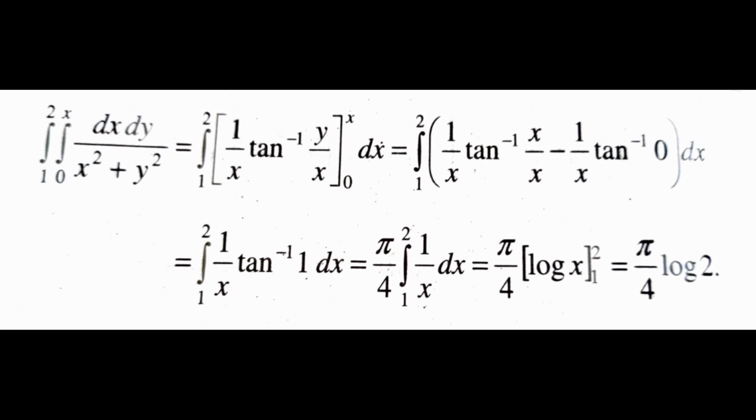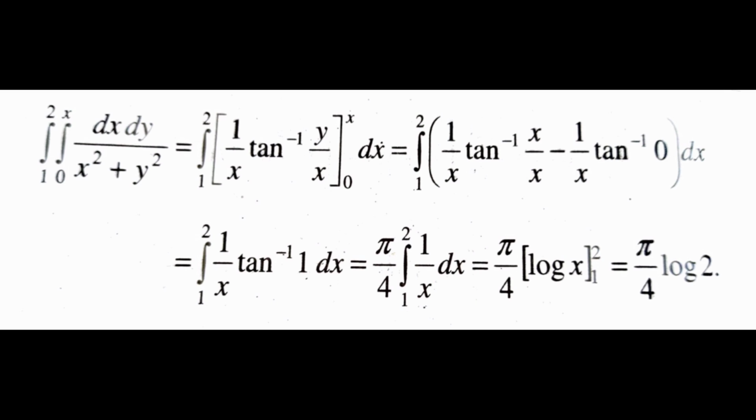Then the integral from 1 to 2 of the integral from 0 to x of dx dy divided by x² + y² is equal to the integral from 1 to 2 of [1/x tan inverse(x/x) - 1/x tan inverse 0] dx, which equals the integral from 1 to 2 of 1/x tan inverse 1 dx.